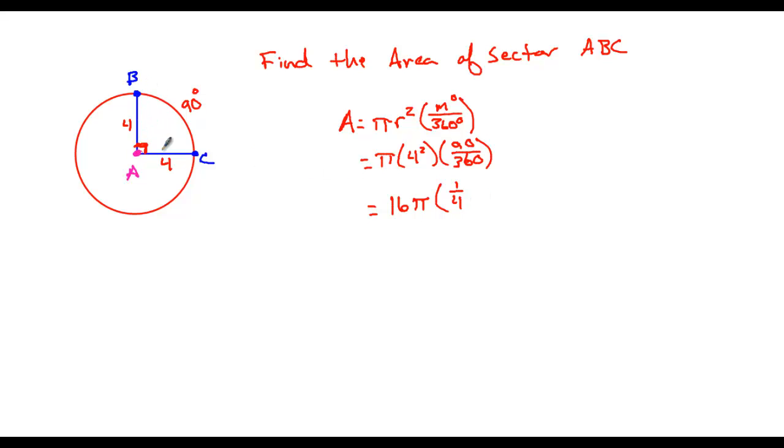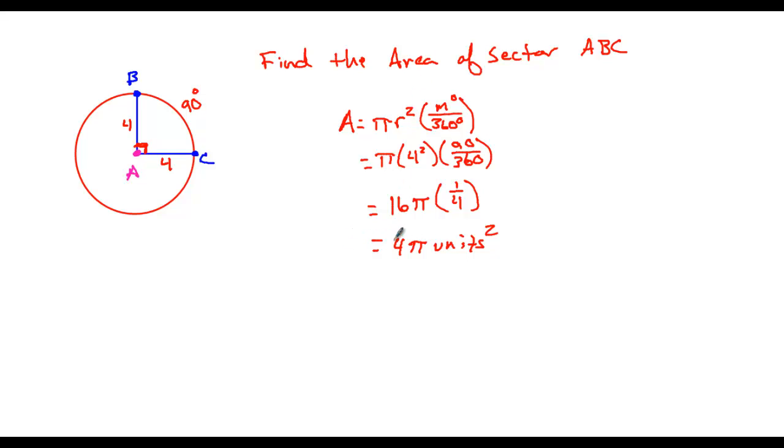And that should make sense to you because this is 1/4 of the circle, right? This is a quarter of this circle. So 16 times 1/4 is 4 pi units squared.